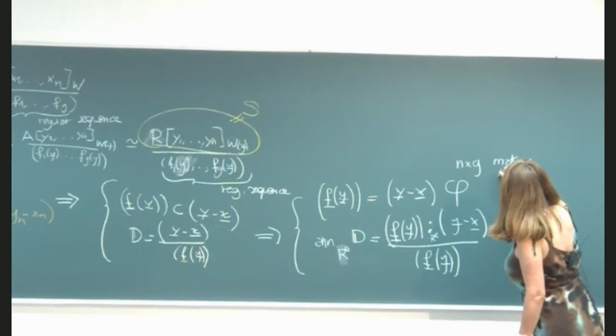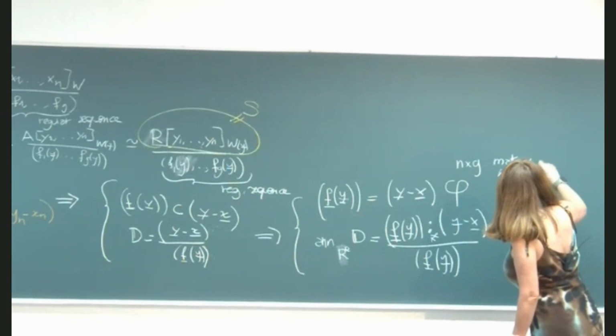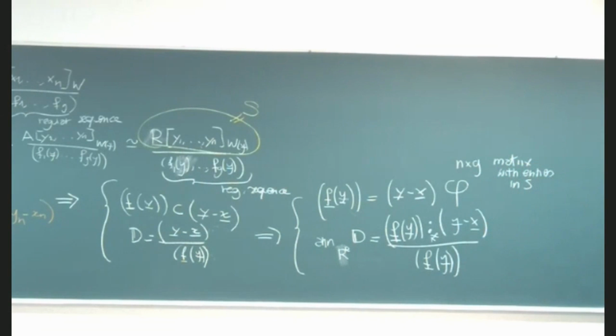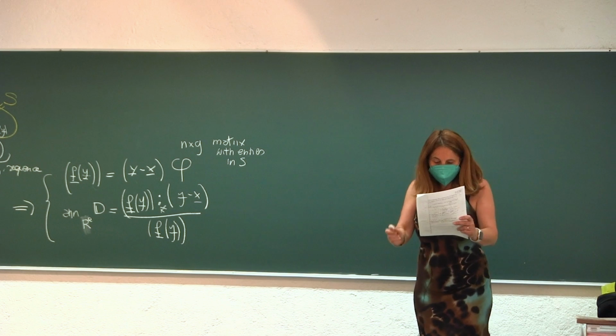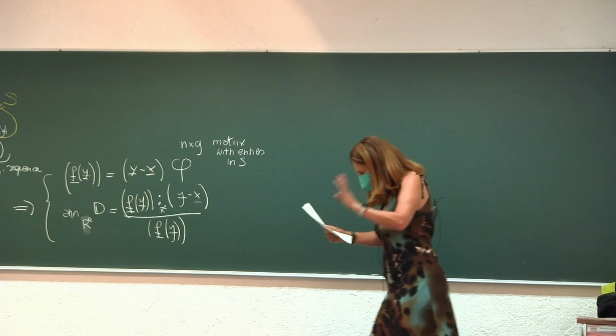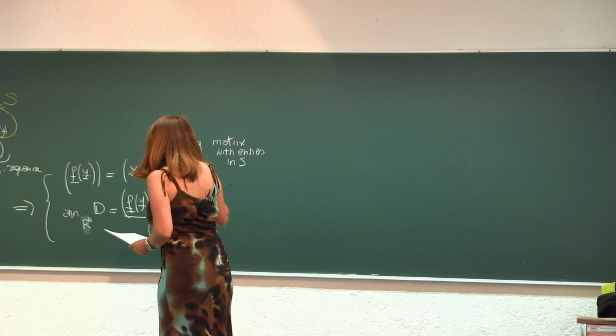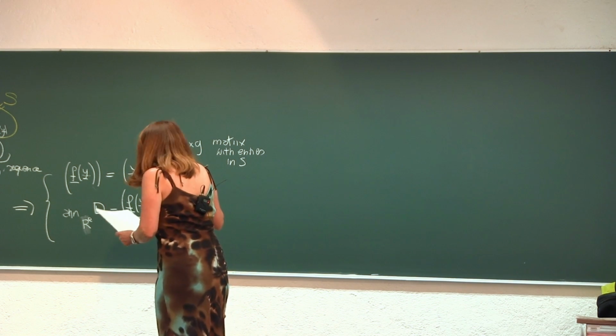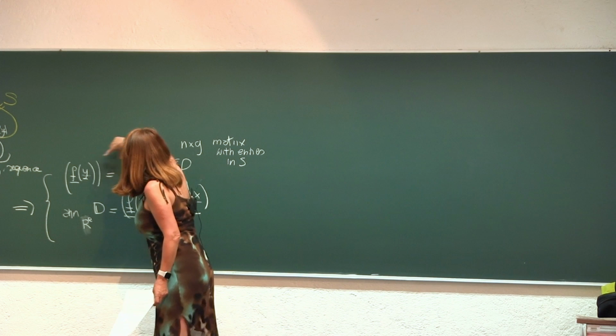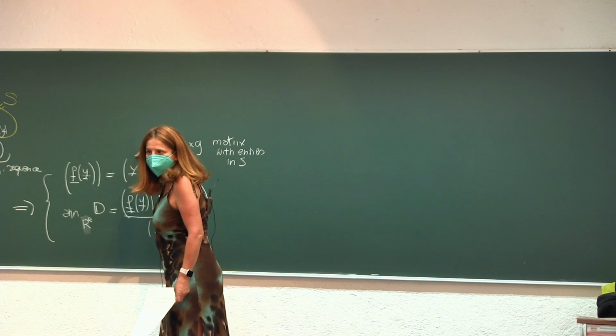And what is the size of this matrix? Of this one I have n, of this I have g. So it's going to be an n times g matrix, because you have to take n times this, with entries in S. Okay, so far so good? Everybody understood what we have? Okay, good.